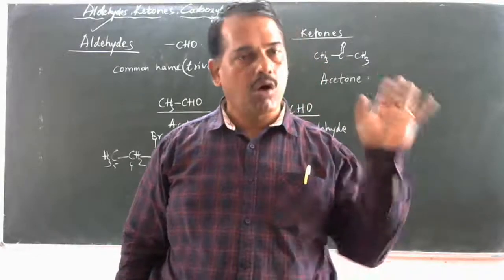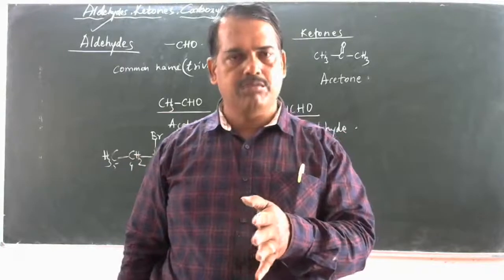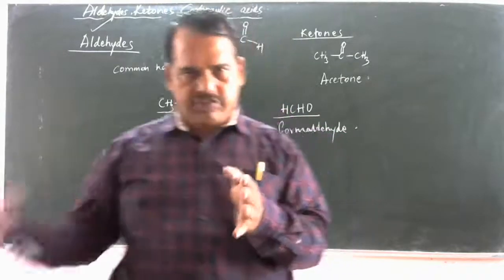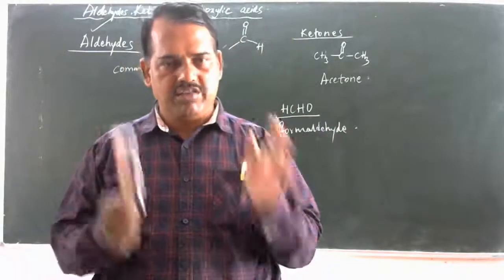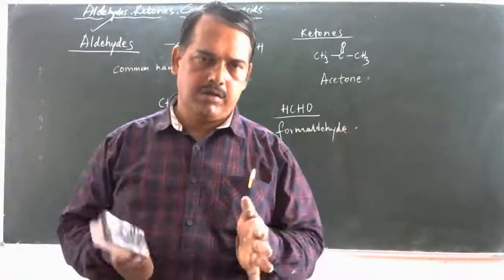So this is nothing but the nomenclature in naming the aldehydes in common name. The functional group attached carbon atom and the next carbon atoms are represented as alpha, beta, gamma.